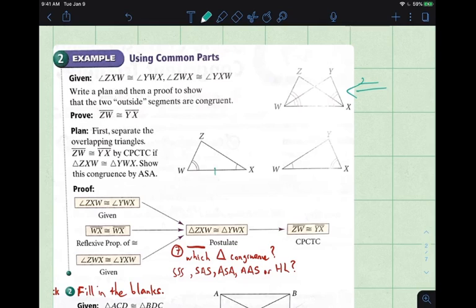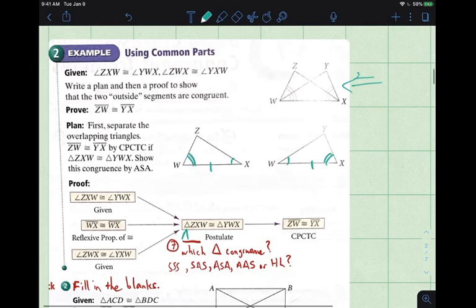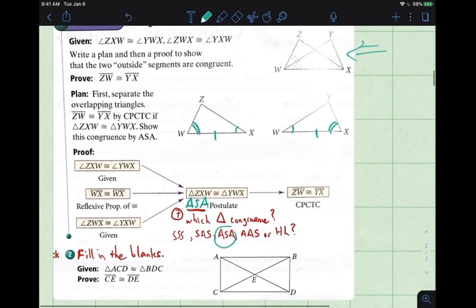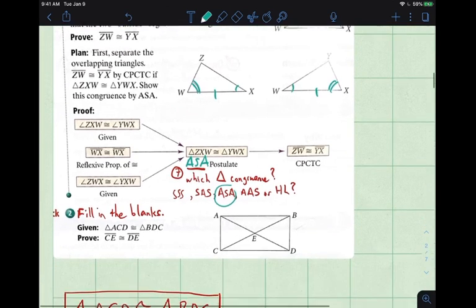Because WZ and WZ are a common side, we now have 3 pieces, 2 angles and a side in between them, which leads to the answer for number 7 being ASA. Remember, it's an included side between 2 angles here.